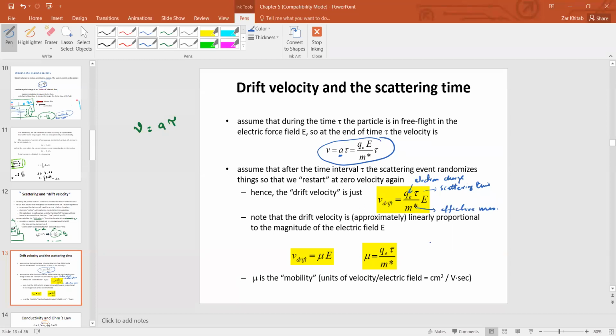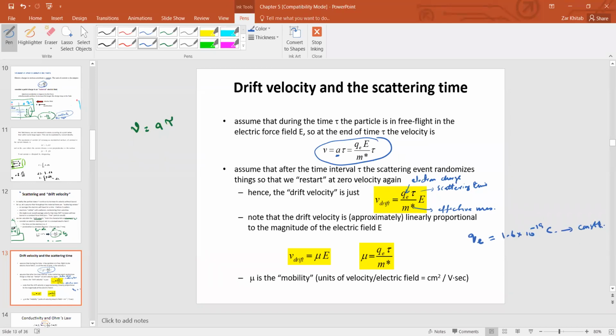The charge of the electron is constant: QE is 1.6 times 10 to the power minus 19 coulomb.